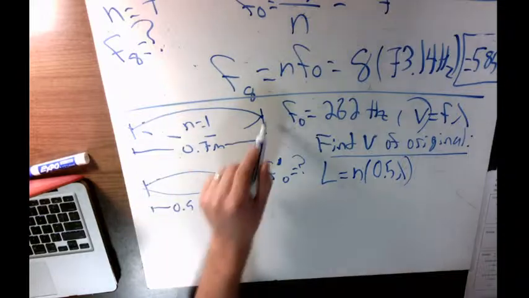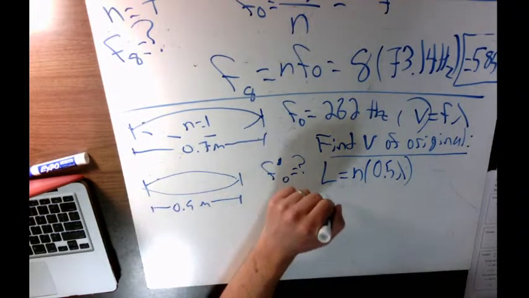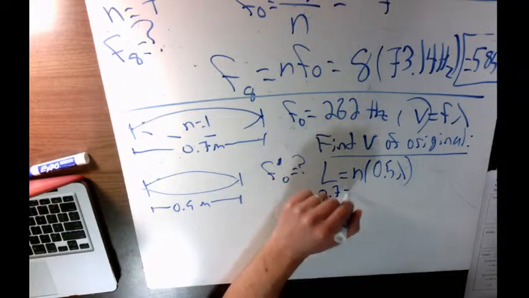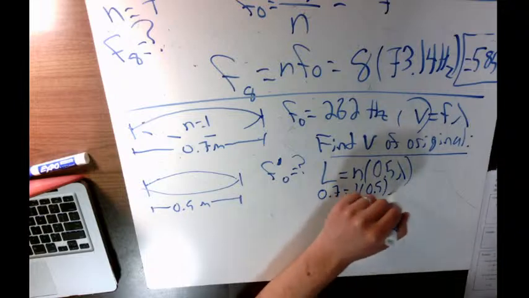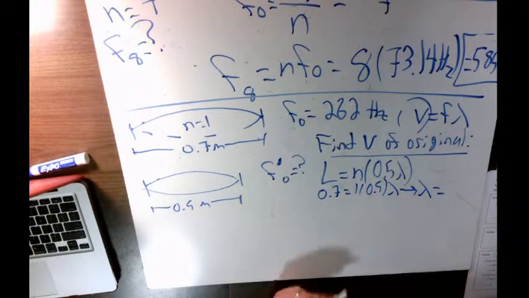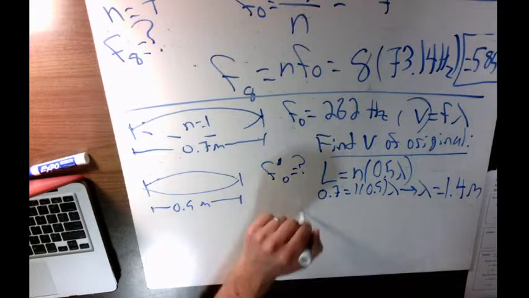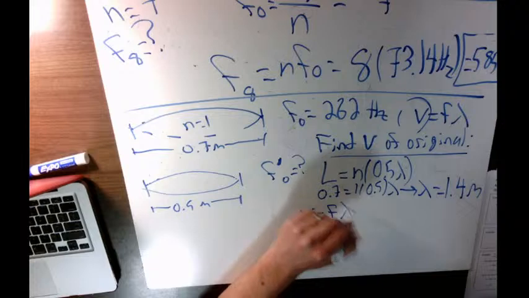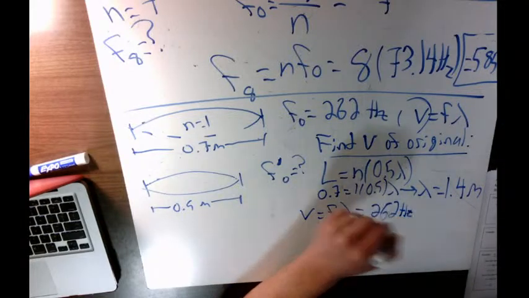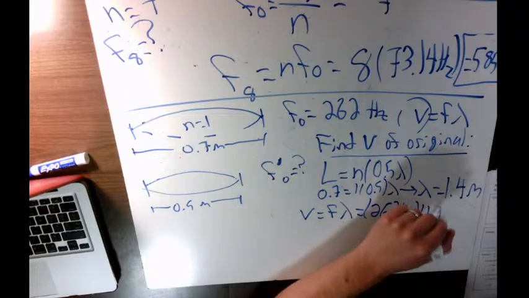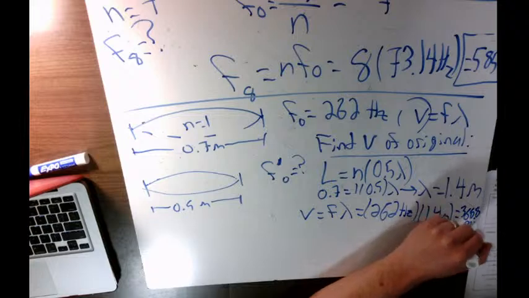Or we could just see that 0.7 meters is half a wavelength. Therefore, 0.7 is equal to half a wavelength, or in this case, our wavelength is 1.4 meters. Now, the speed is equal to frequency times wavelength, or 262 hertz times 1.4 meters. We get 366.8 meters per second.